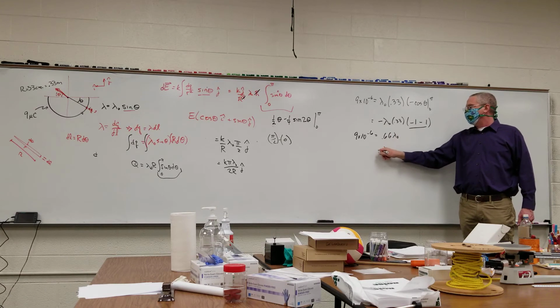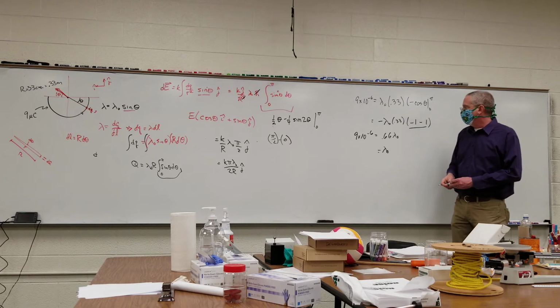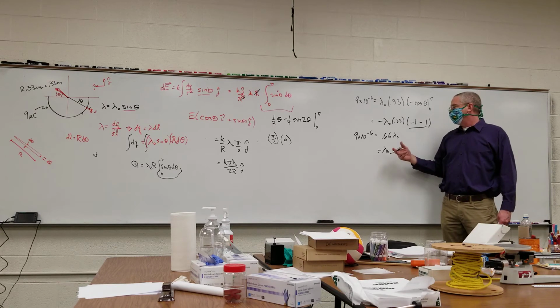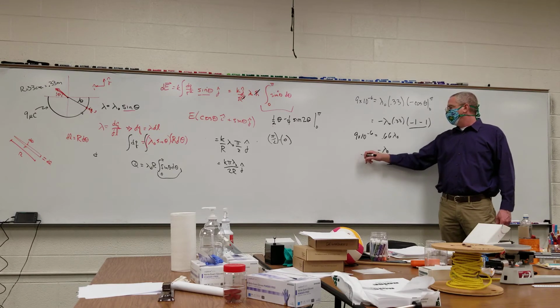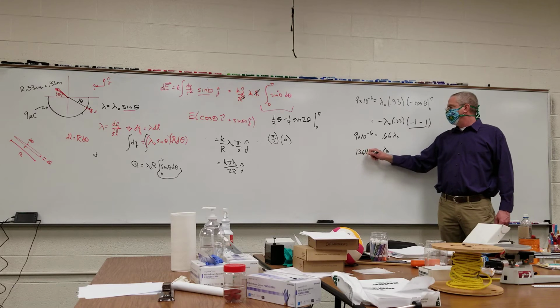So lambda sub naught would be whatever that is. I think it ended up being 13.64 times 10 to the negative 6 coulombs.